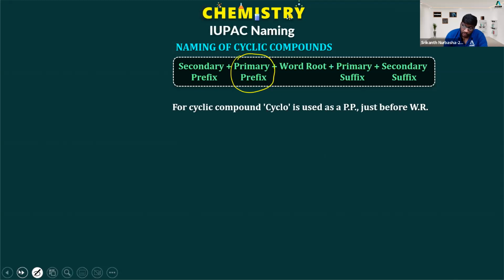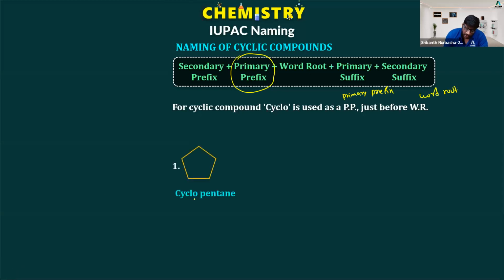So for cyclic compound, cyclo is used as a PP, primary prefix, just before word root. So cyclopentane is going to be the name for this particular compound.